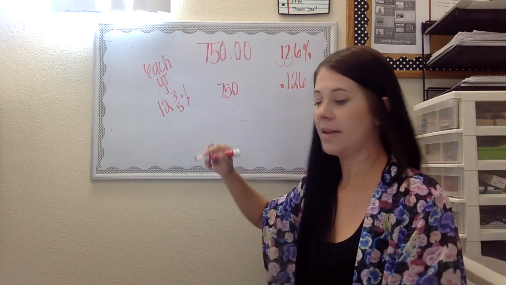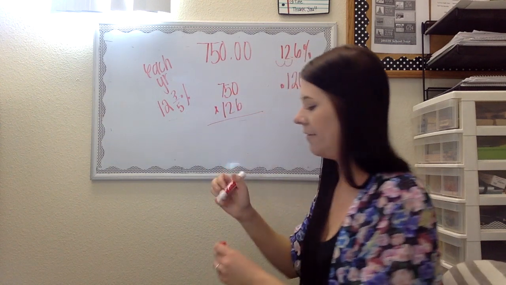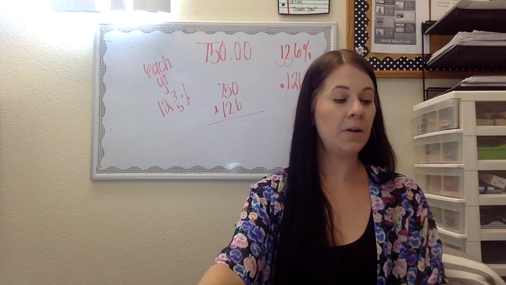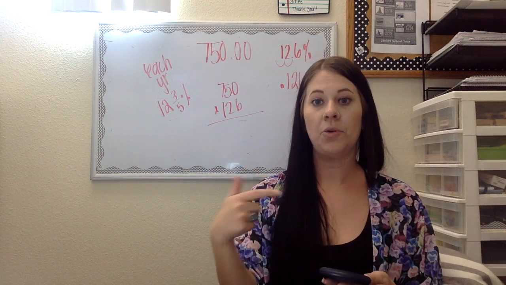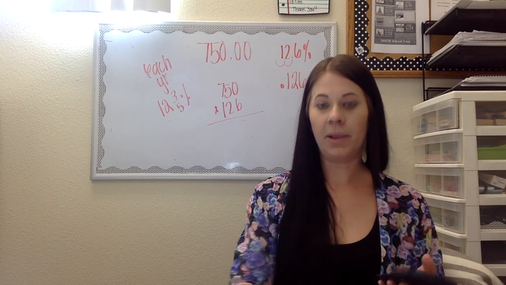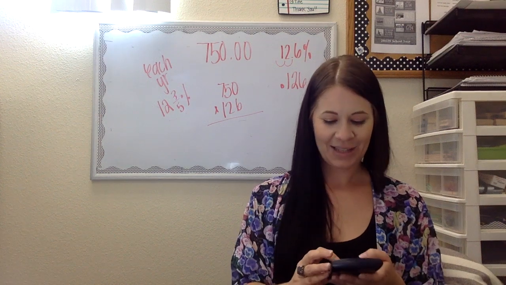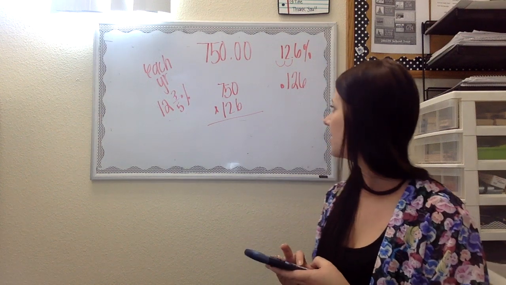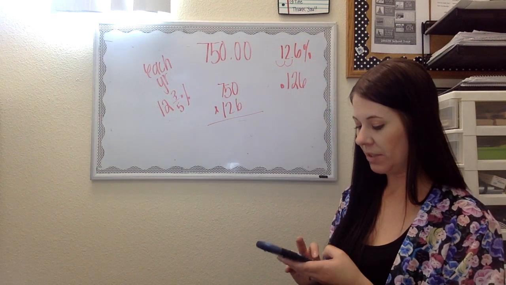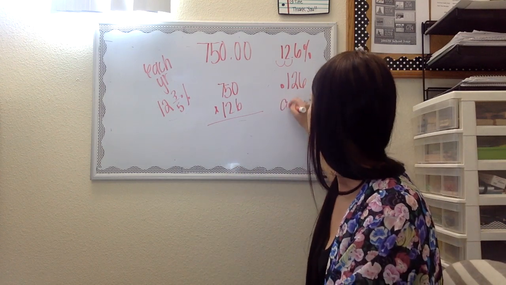And for the sake of the video, I'm going to do it with a calculator, but I want you to keep practicing your long multiplication and then maybe check with the calculator. Okay, but look, I already did the problem, so look, I didn't cheat. So I'm going to do 750 times 0.126, and I get $94.50.